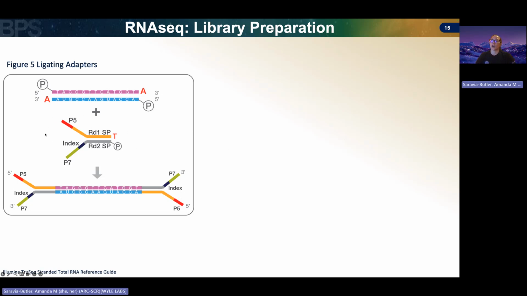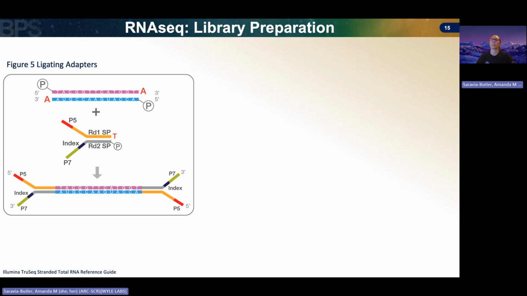Our adapters are looking like this. So we'll see that in this example, we have a single index adapter. So the index is only on one side. And so here we see our sequencing primers on our 5' side and our other sequencing primer here on our 3' side. Just this side has the index, and then both will have our P5 and P7.